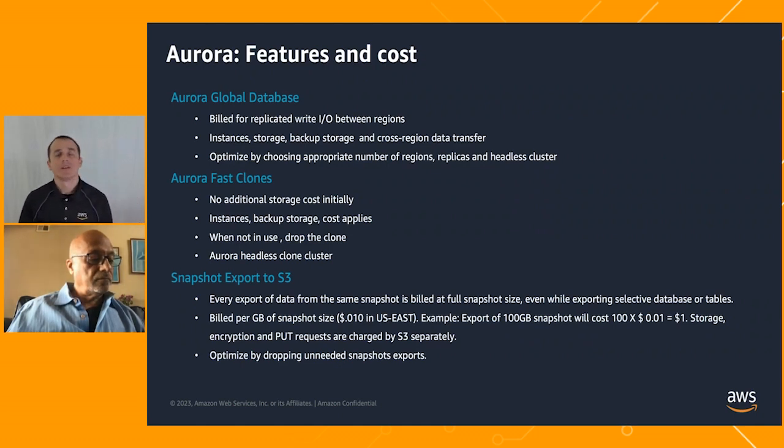And speaking of DR, most customer DR strategies also involve a backup plan with periodic backups, typically daily, weekly, monthly, and so on, a combination of those. In Aurora, we have automated backups that can be used for point-in-time recovery, and they only accumulate backup storage costs for the data that changes during that backup retention period. That's essentially incremental storage consumption.